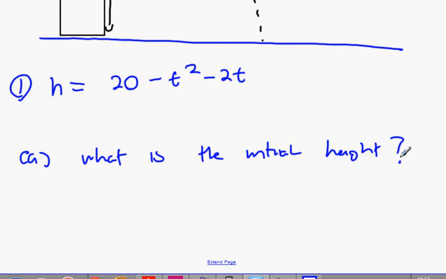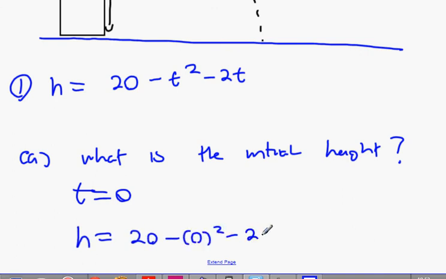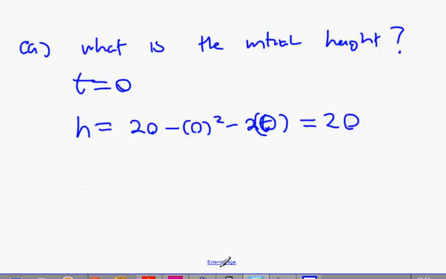You prove it by saying, when the question starts, t equals 0. If you replace t equals 0 into this formula, what will you get for H? 20 minus 0 squared minus 2 times 0 equals 20. They can ask you that.